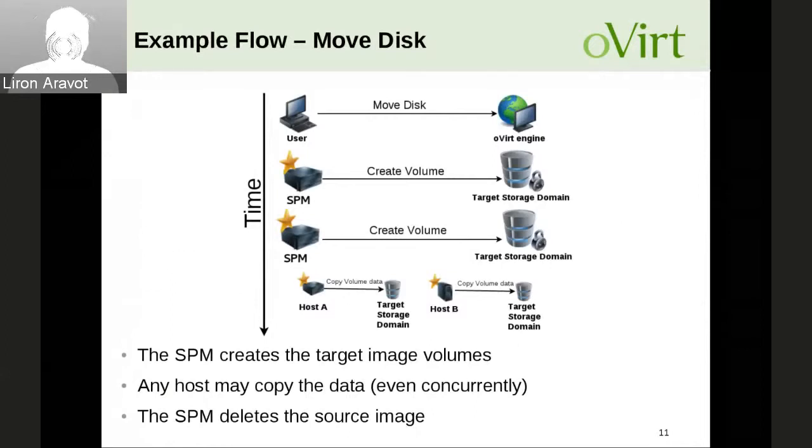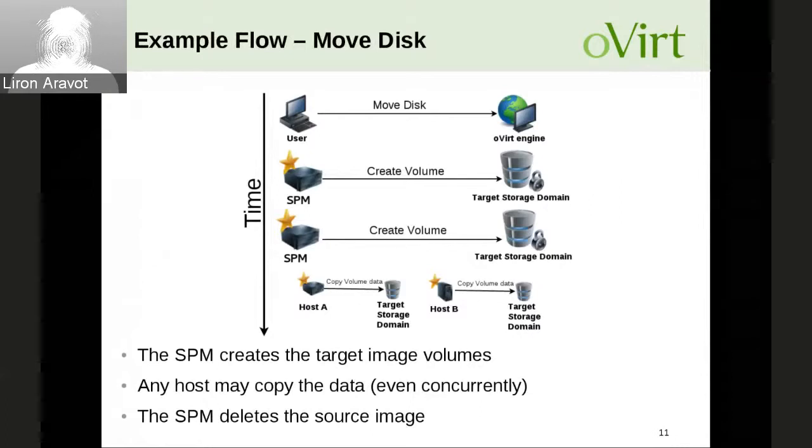So the user sends a request to move the disk to the oVirt engine, the same as before. The engine sends a request to the SPM to create a volume on the target storage domain. Then, if the disk has two volumes, it sends another request to the SPM to create another volume on the storage domain.